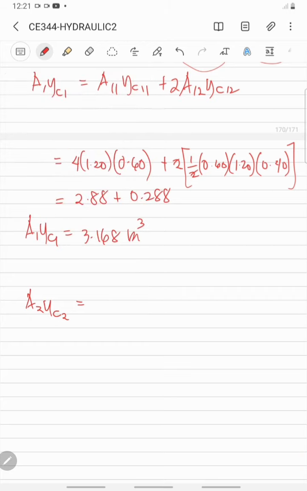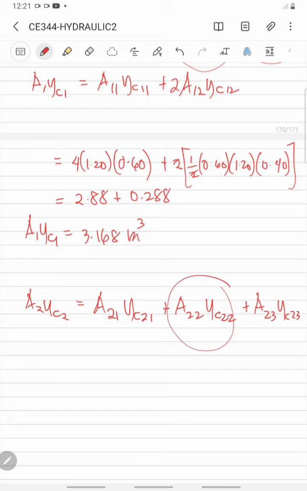Okay, we have to add A2 yc2. That is just the sum of area 21 yc21 plus area 22 yc22 plus area 23 yc23. Since they have the same side slope, area 22 yc22 and area 23 yc23 are equal.